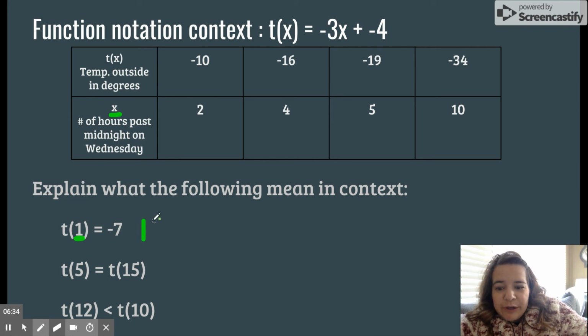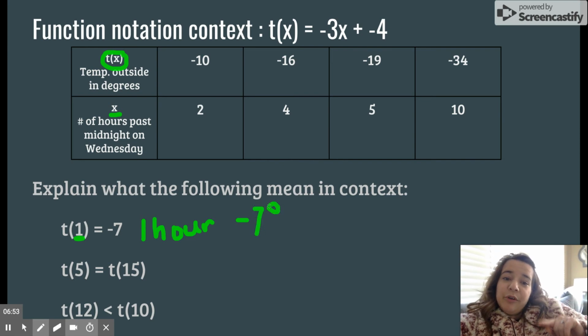So this is 1 hour past midnight. And this t of x, or the outputs, are representing the temperature outside. So after 1 hour past midnight, it was -7 degrees is what that one's doing. And we were doing a good job on ones like that. So if I could give you a high five on those, I would.